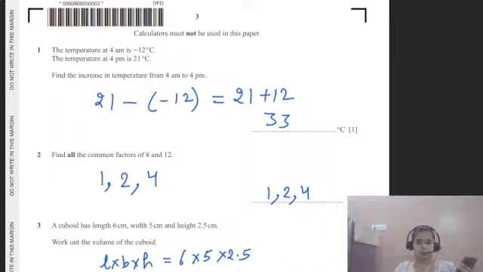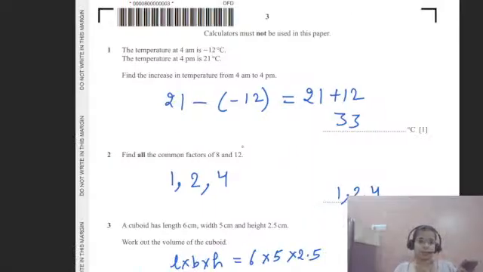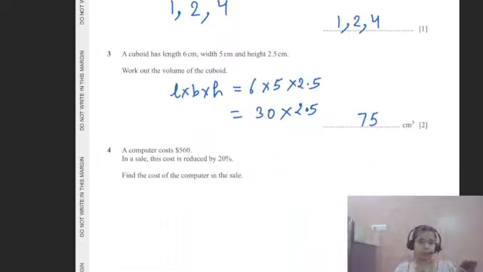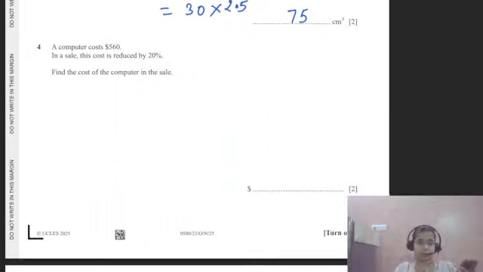So 6 5s are 30 and 2.5. Now 25 3s are 75 and it will be 750 and decimal, and 0 will get cancelled, so answer will be 75 centimeter cube, right?